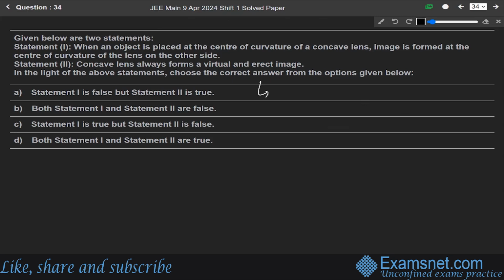So first of all, this question is from the chapter of optics. It is saying that when an object is placed at the center of curvature of a concave lens, the image is formed at the center of curvature of the lens on the other side.